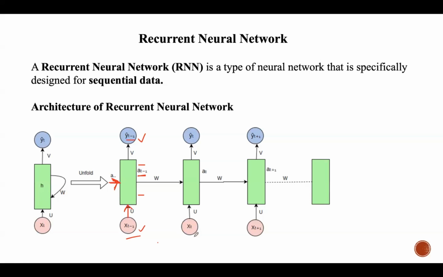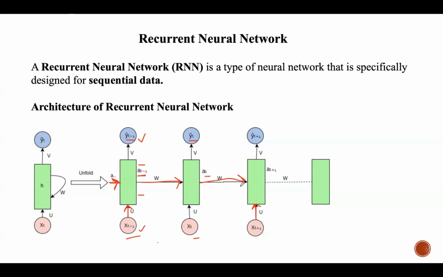Similarly, at time step t, one more word is passed into the same RNN cell along with the previous hidden state. The RNN computes the new hidden state h at t and uses this h at t to produce y t hat. This process repeats for the third input at time step t plus 1.